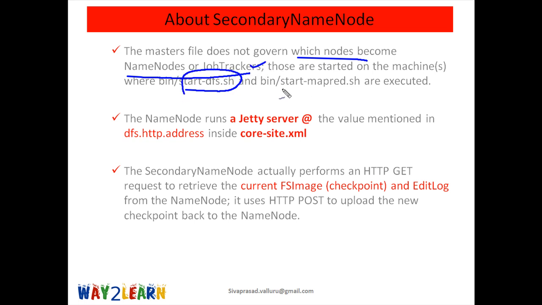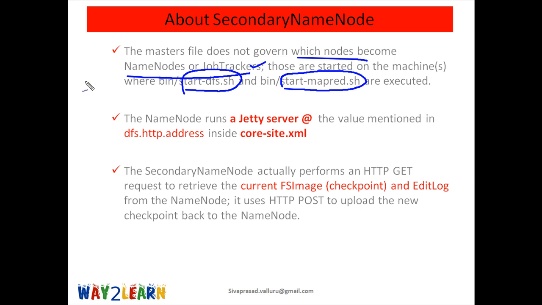Job tracker daemon is started wherever start-mapred.sh is executed. Remember, again, the masters file in the conf folder does not tell where name node or job tracker will start. The masters file will tell where the secondary name node will start.